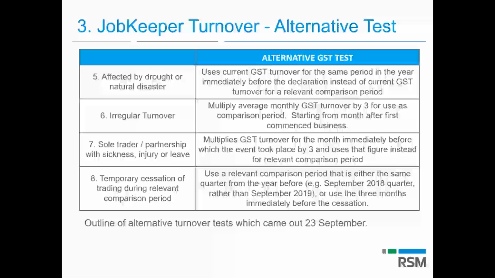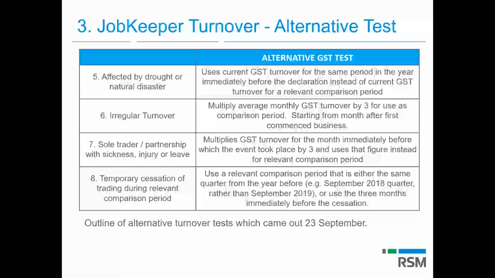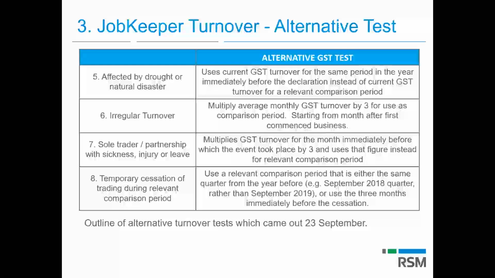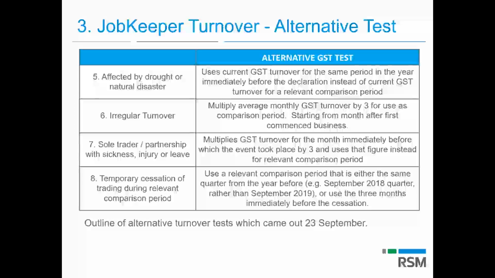Test number 7 is for sole traders or partners in a small partnership who suffer a sickness, injury or who take leave during the comparison period. This test only applies where the partnership or sole trader do not have employees.